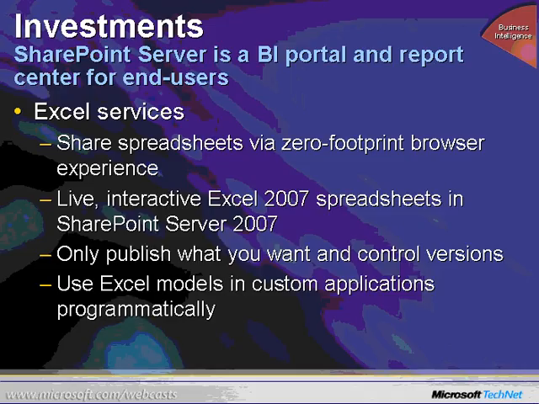Let's say you have a spreadsheet and you want people to see your revenue report, but you don't want people changing or seeing the formulas, or you don't want to send that spreadsheet out to 10,000 people through email. You can post this on a server, and people can look at this file through a browser, and they don't have to have Excel.